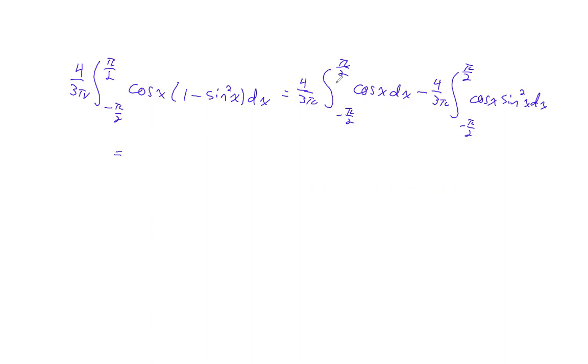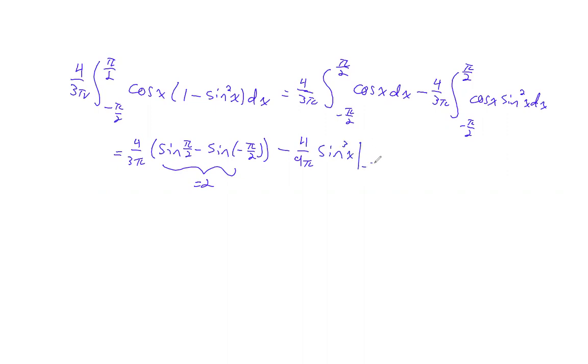on the first side, 4 over 3 pi times sine of pi over 2 minus sine of negative pi over 2, which is equal to 2, minus 4 over 9 pi sine cubed x from negative pi over 2 to pi over 2.